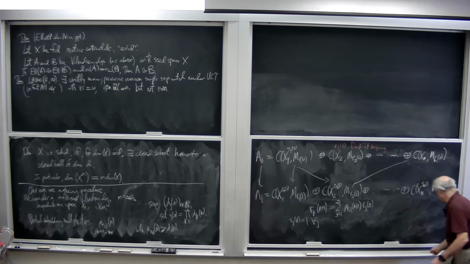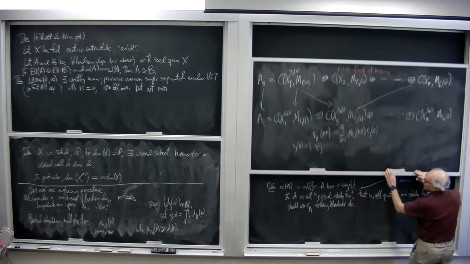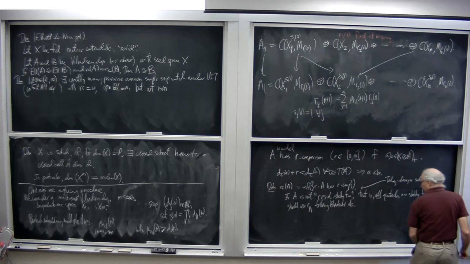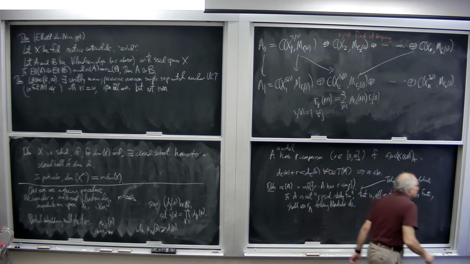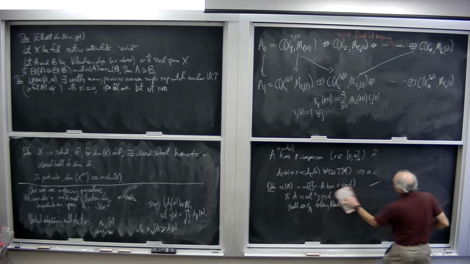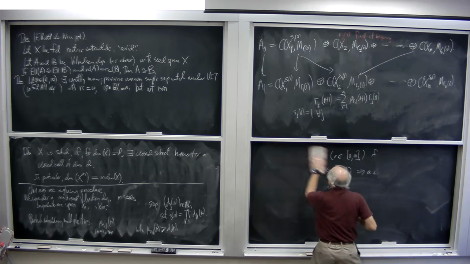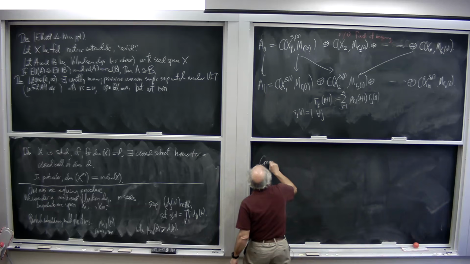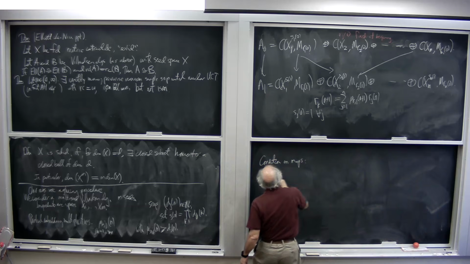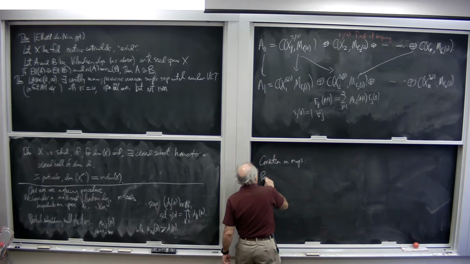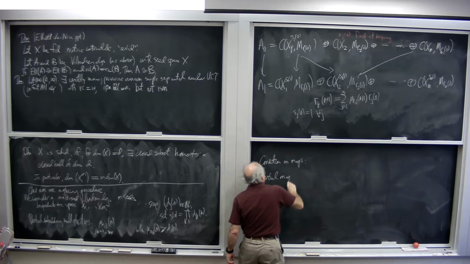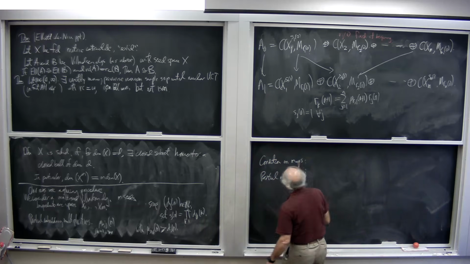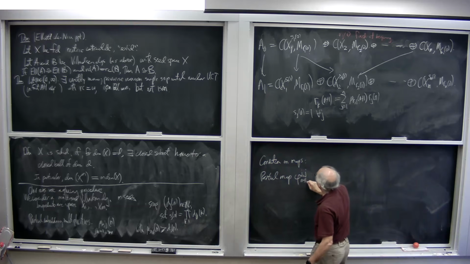And then the condition of the maps is that the partial map Pjj, n plus 1 n.